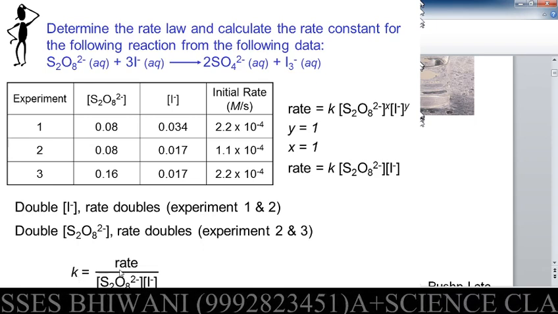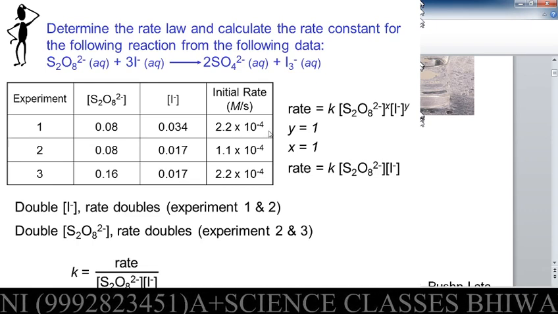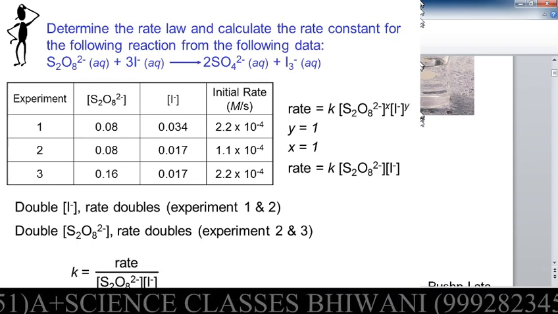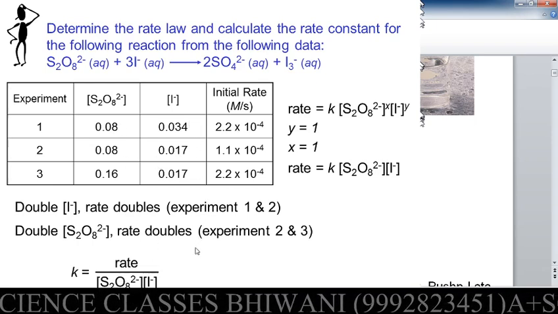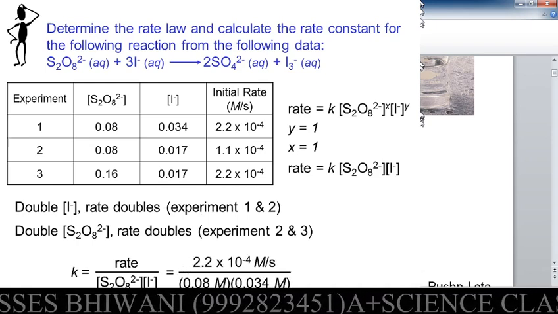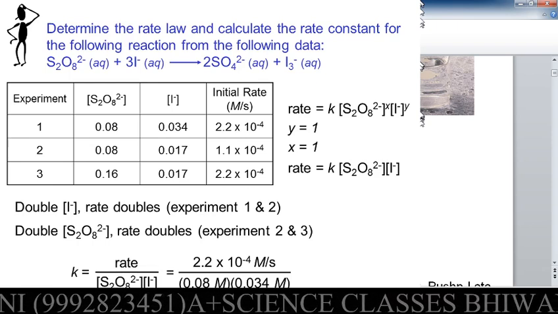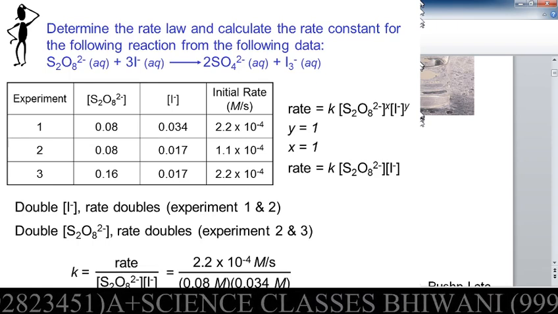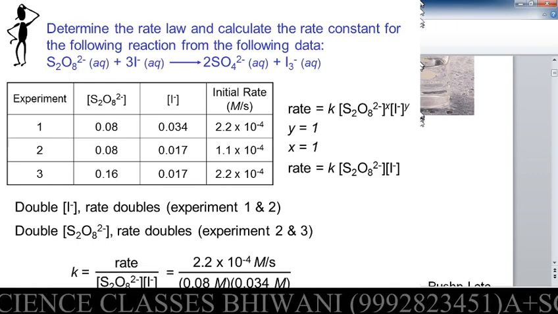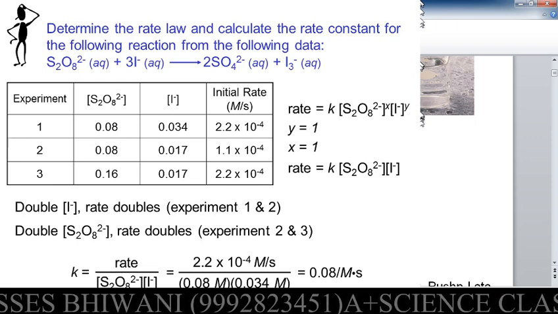If we want to measure for the first experiment, rate is 2.2 into 10 raised to the power minus 4, concentration of S2O8 is 0.08 and concentration of iodide is 0.034. By putting in these values for the first experiment, what will be the answer? You may calculate: rate is 2.2 into 10 raised to the power minus 4 upon 0.08 into 0.034, and the answer will be equal to 0.08. This one is the rate constant.